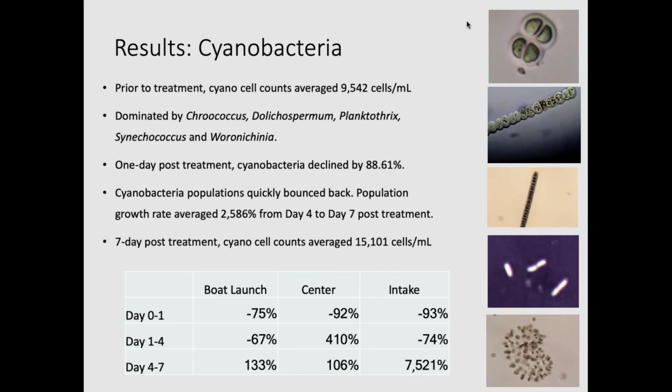One day post-treatment, the cyanobacteria population declined by 88%. The population quickly bounced back with an average growth rate of 2,500% from day 4 to day 7 post-treatment. By day 7, cyanobacteria cell count averaged about 15,000 cells per mL, which was 58% more than the pre-treatment cell density.